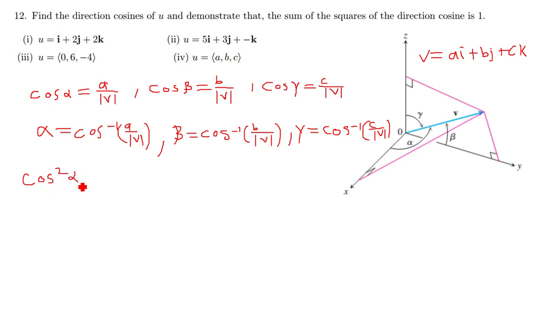So cos squared alpha plus cos squared beta plus cos squared gamma. This is always supposed to give you 1. So this is always supposed to give you 1. When you try to prove this and it doesn't give you 1, note that you have made a mistake somewhere.